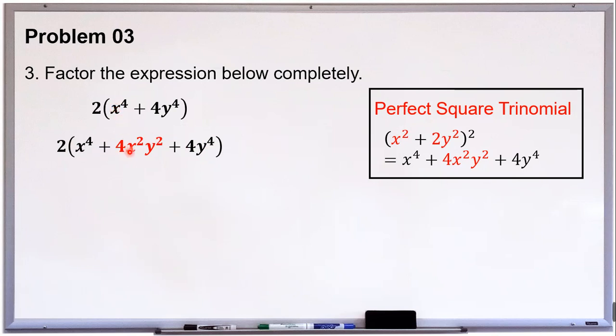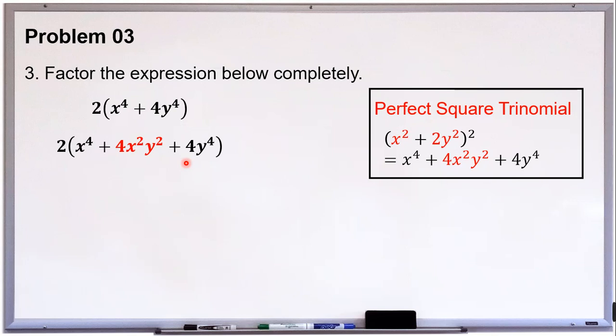So in order to preserve the value of our original expression, if we add 4x squared y squared, we also subtract 4x squared y squared. So again, we modified the expression, but the bottom line here is that in modifying the expression, you also need to preserve the value of the expression.